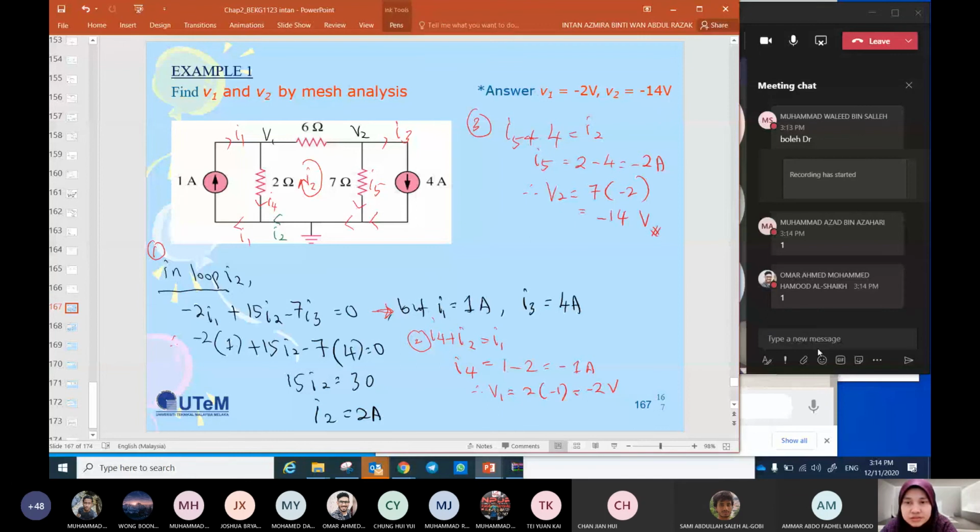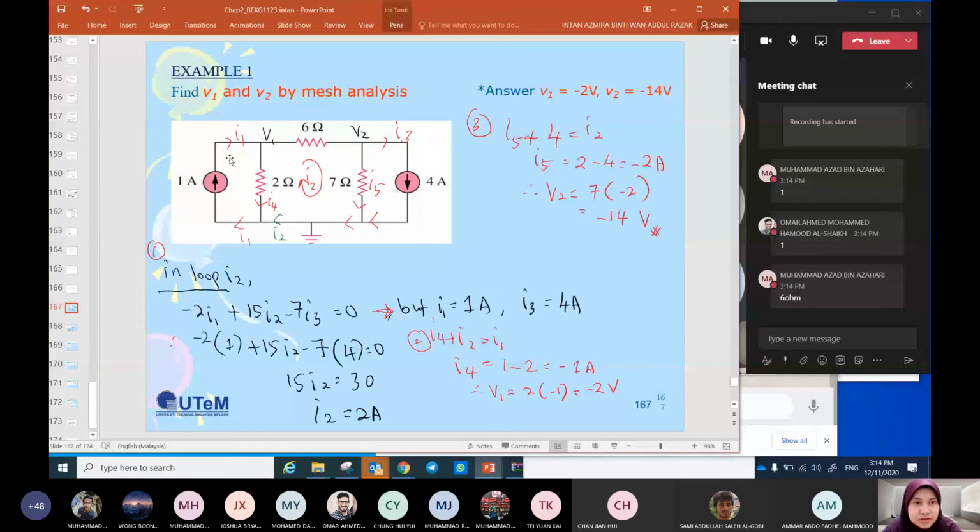How many resistances are shared with loop I1? 2. 2 ohm, okay? So that's why minus 2 I1. Loop I2: 6 plus 2 is 8, 8 plus 7 is 15.